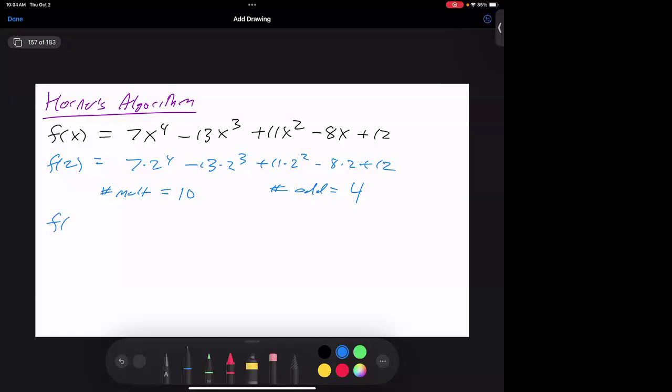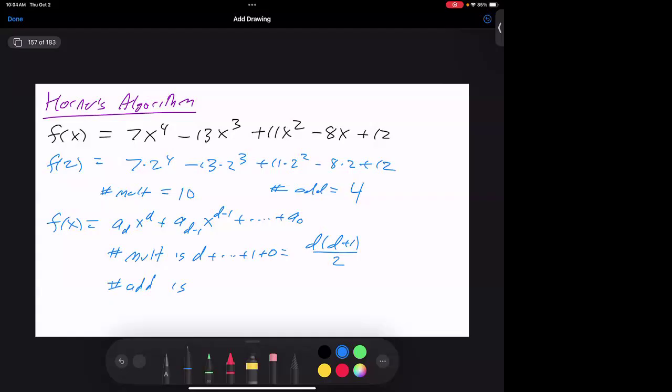More generally, if I give you f of x is a_d x to the d plus a_(d-1) x to the d minus 1 all the way down to a_0, the number of multiplications is d plus dot dot dot plus 1 plus 0, which is d(d+1)/2. The number of additions is d.